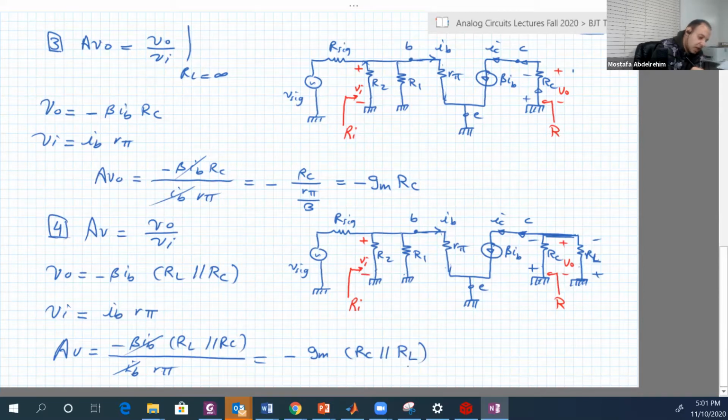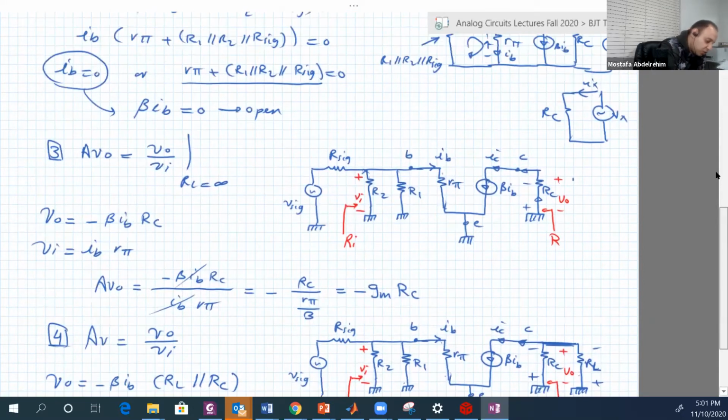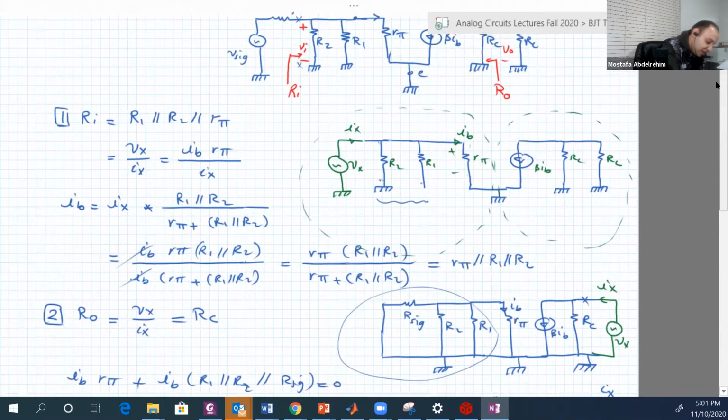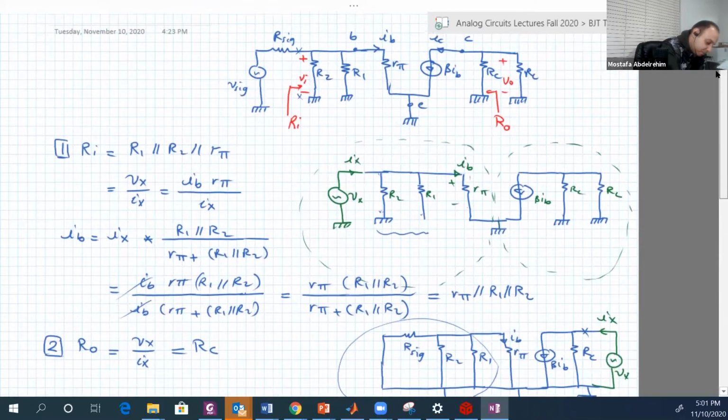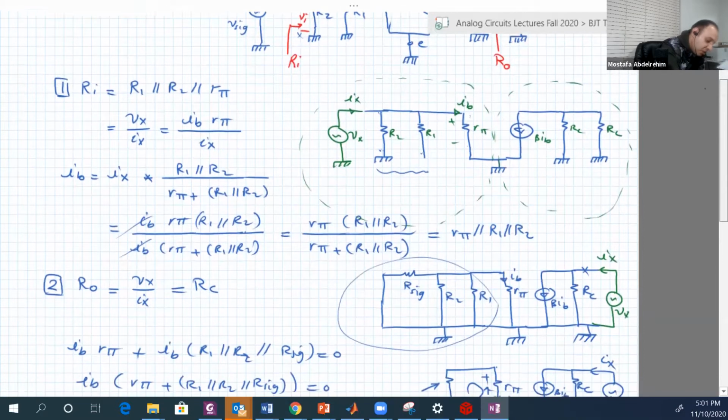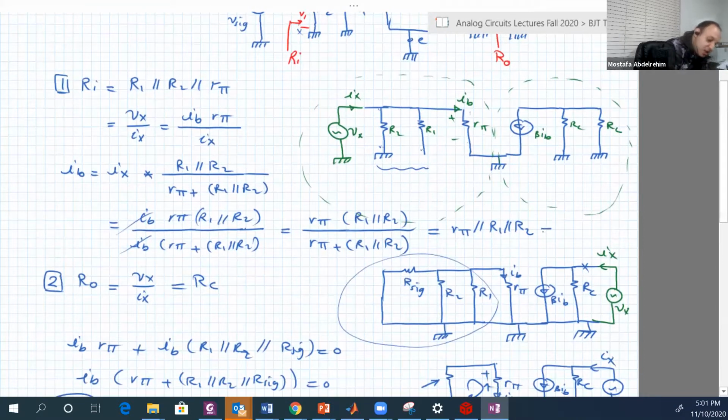Just before we forget, we should also determine all the combinations. Here we have the numbers because it's an example problem, so let's do that very quickly. If you do that, this will be 101.865 kilo ohms. We know R1, we know R2, and we know R pi, so we can determine this.